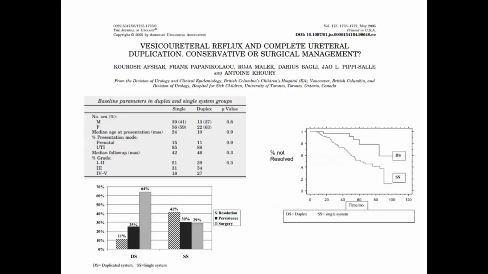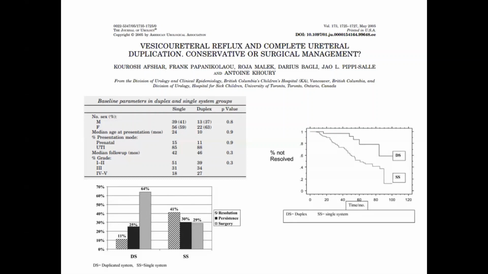Next slide. So in Toronto, they studied this and they compared a duplicated system with, again, another matched population, best they could, of single systems. You can see on the graph on the lower left that the resolution rate was much lower with duplicate system.